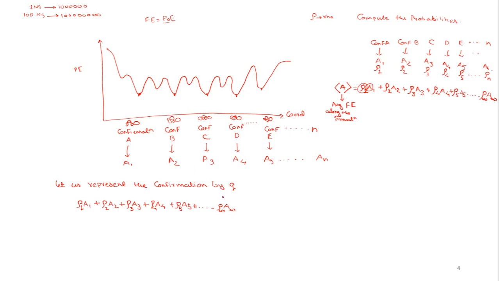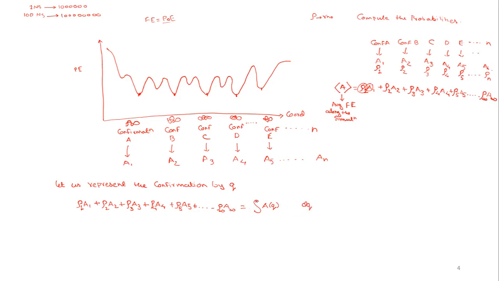If this is the situation, you can write it in simpler terms using integrals. You can write it as the integral of the property of interest with conformation q, times rho of q, dq.